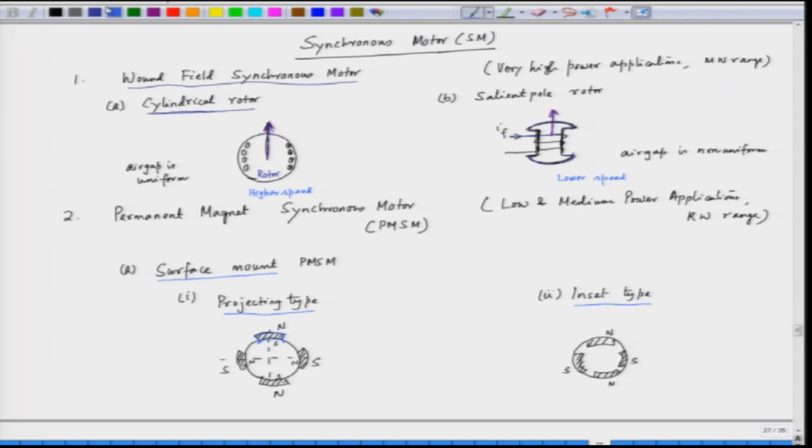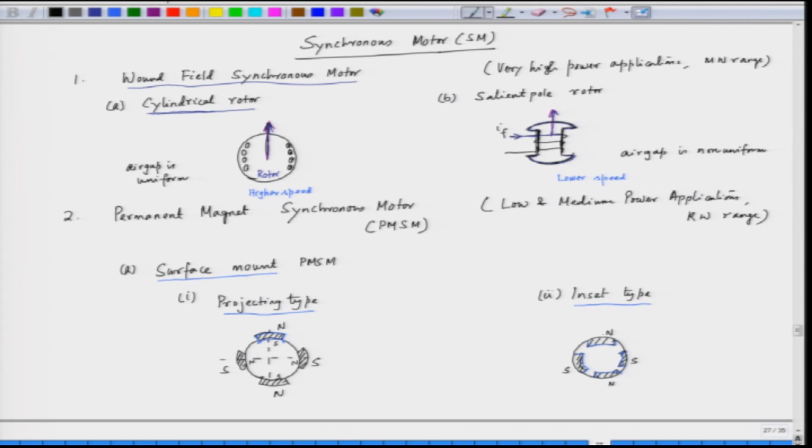And if we go for inset type, the magnet is placed within the rotor, but it is on the surface. So, this can be used for a little higher speed, because the magnets are not protruding out. Similarly, when we have a permanent magnet, we have north pole and south pole.